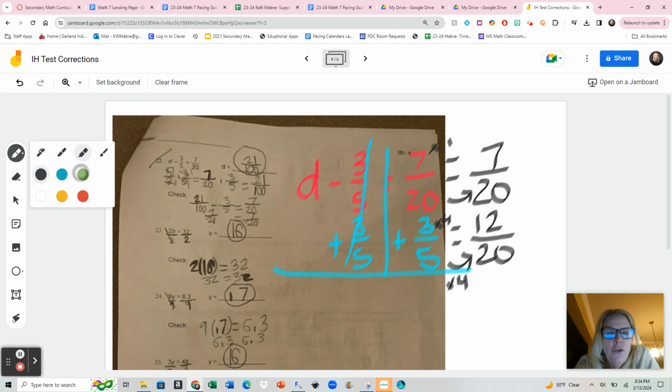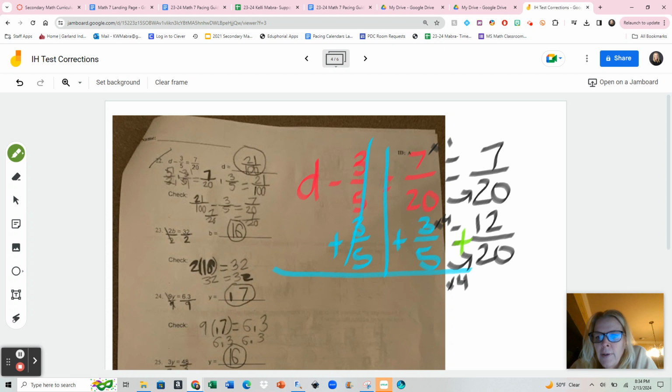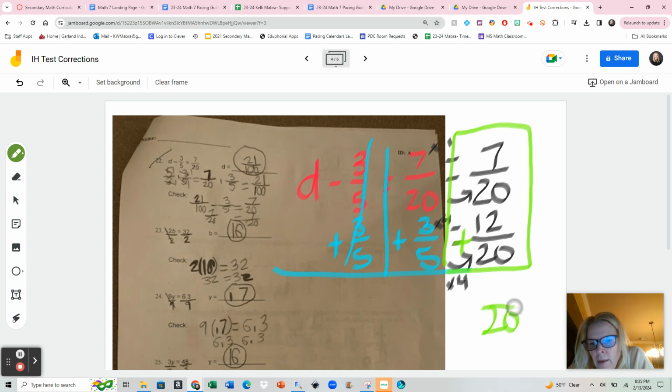Now we have a new problem. Our new problem is going to be 7/20 plus 12/20, and our denominator is going to stay the same. And 7 plus 12 is 19.